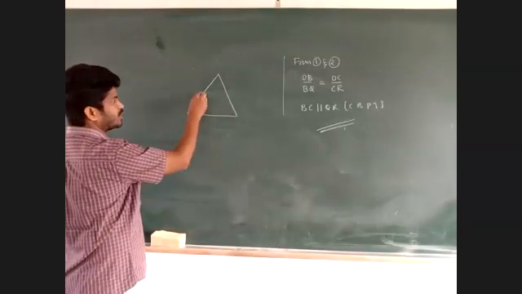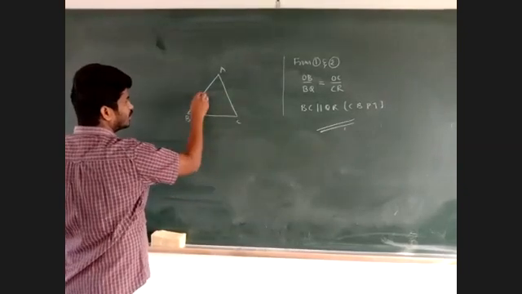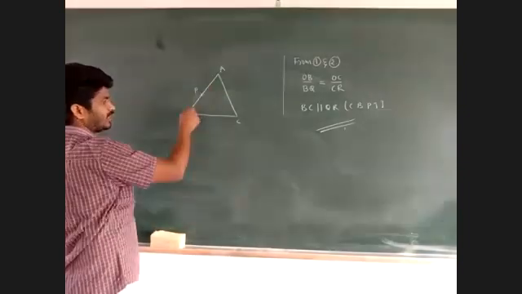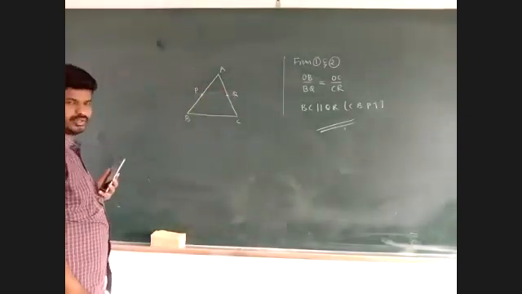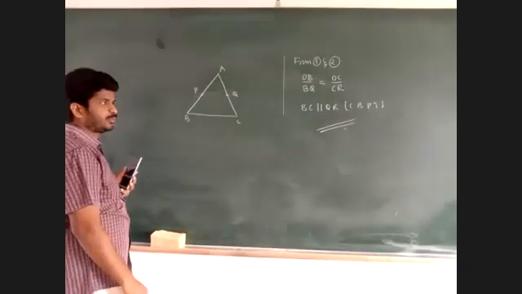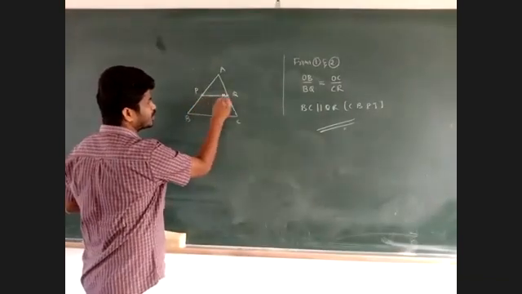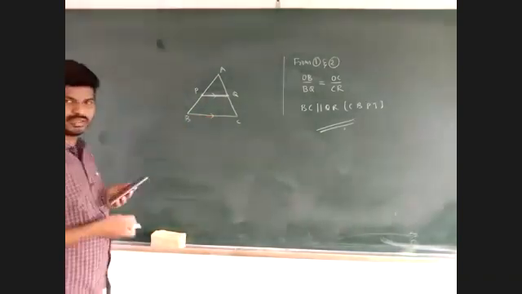For example, P is the midpoint of side AB and Q is the midpoint of side AC. Now join this PQ, then prove that this PQ is parallel to BC. That is our question.